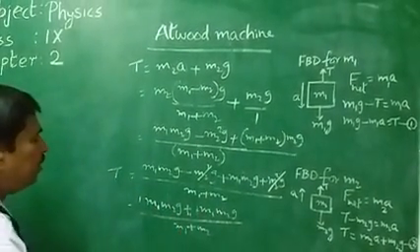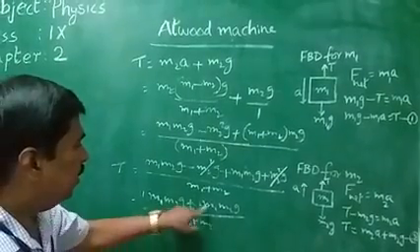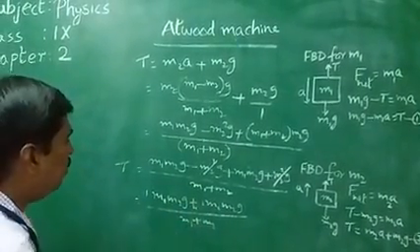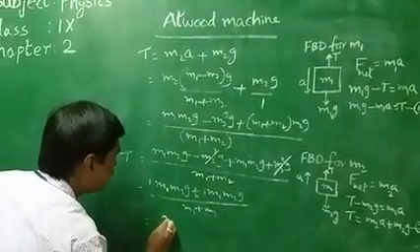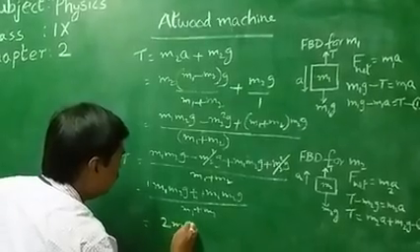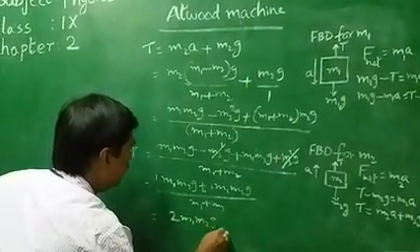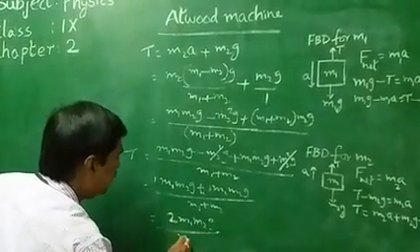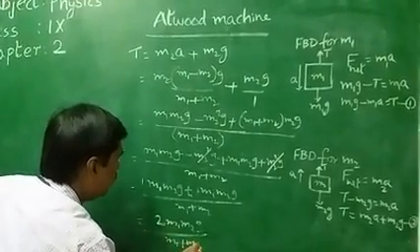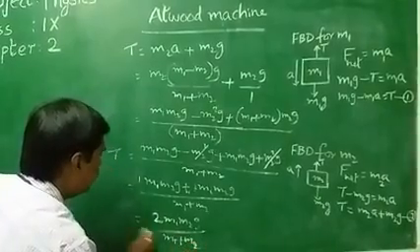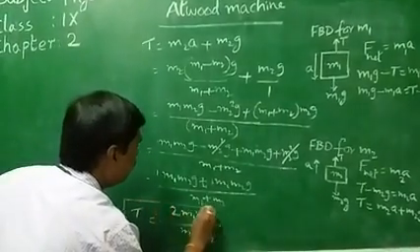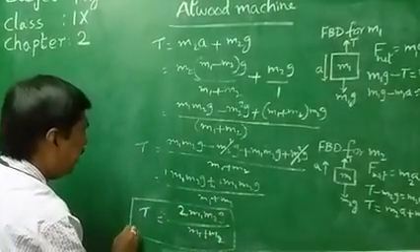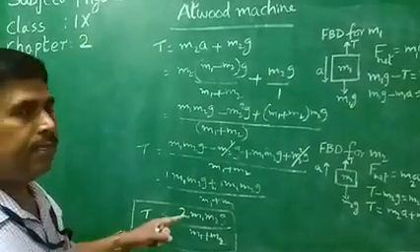In both you have the common term M1 M2 g. If you add them, you get 2 M1 M2 g divided by M1 plus M2. So this is the formula for tension. We have derived the formula for the tension acting on the two wooden blocks.